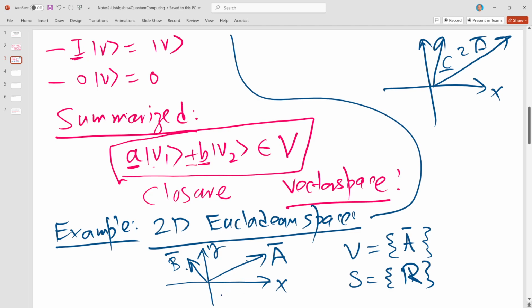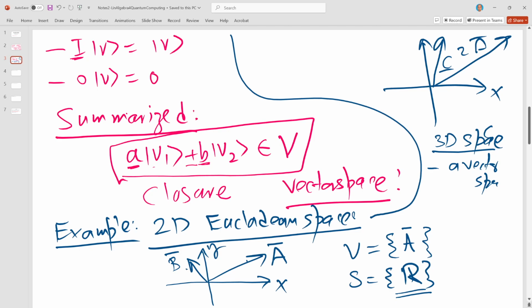So this 2D space is a vector space. Similarly, the 3D space that we live in is also a vector space. And these are real vector spaces because they are defined over the set of real scalars.